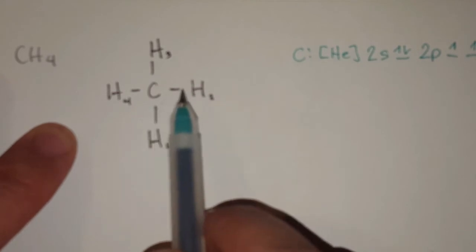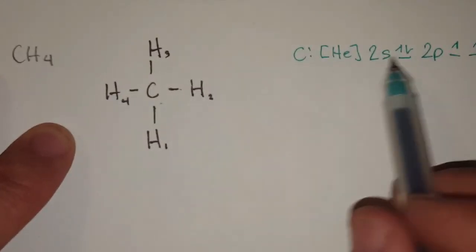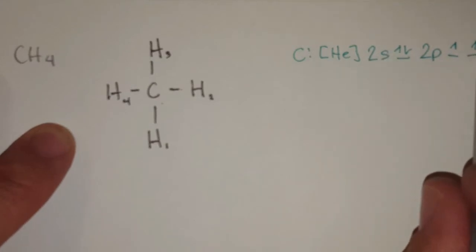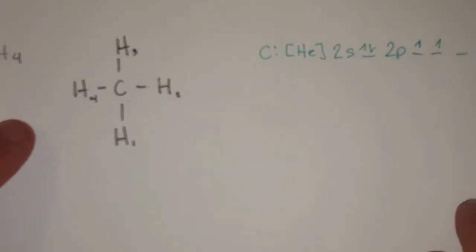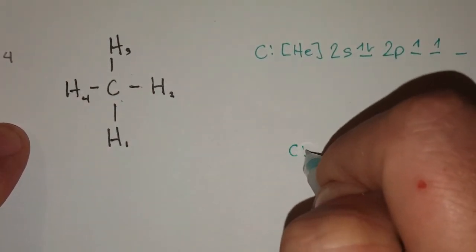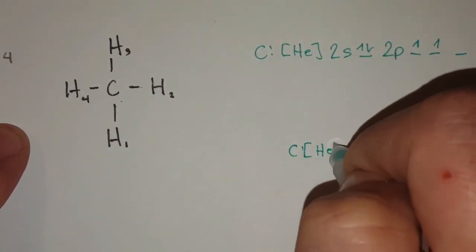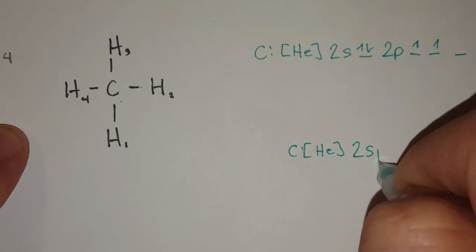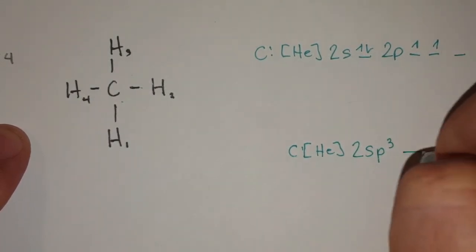So this tells us that it's going to hybridize involving the s and all 3 of the p's. Therefore, when our carbon hybridizes, it'll hybridize to an sp3.